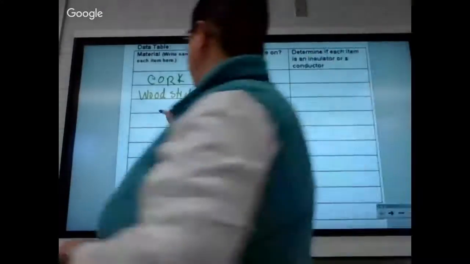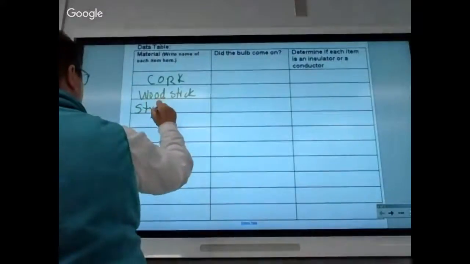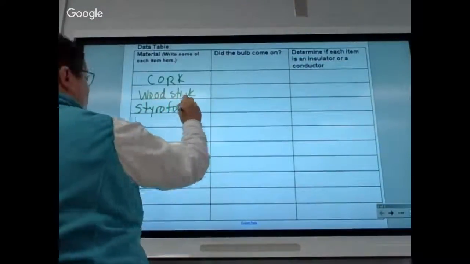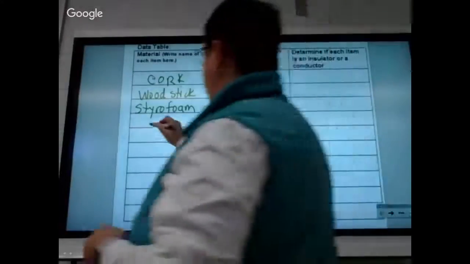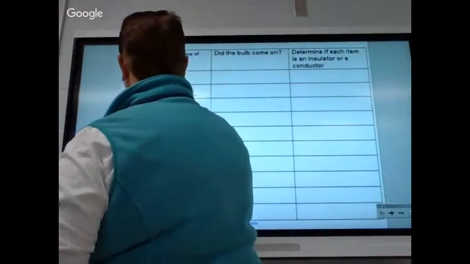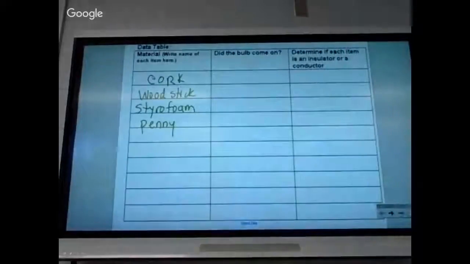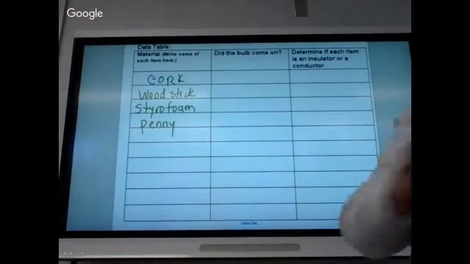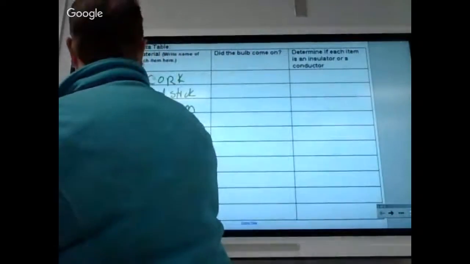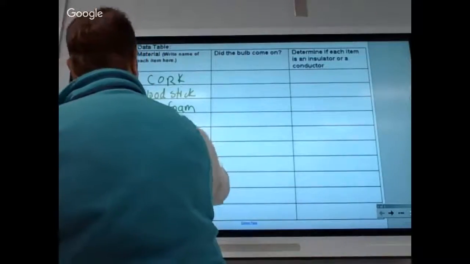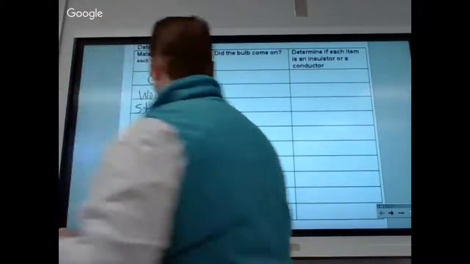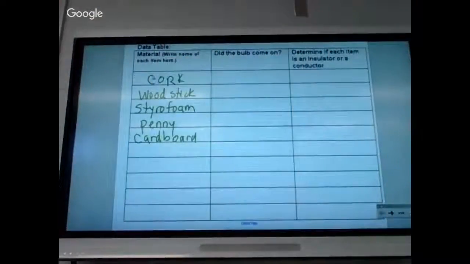Styrofoam. This is a penny. Did the little tool thing come in too? No, the tool I just used. This is cardboard. And that's zinc. Paper clip. Cardboard. A paper clip.